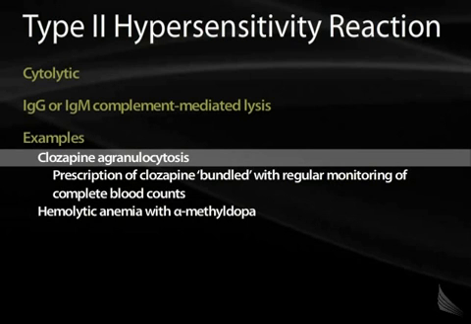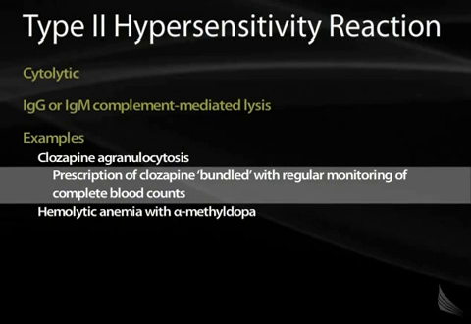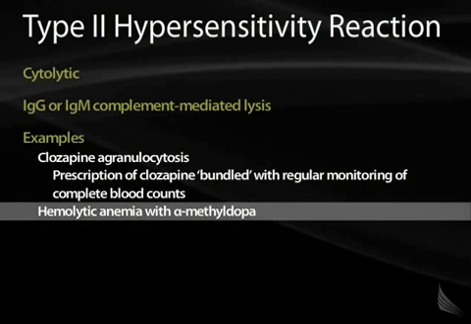This medication causes our body to attack itself, specifically in the bone marrow. This is why patients taking clozapine should have complete blood counts weekly. Another example is hemolytic anemia with the blood pressure medication alpha-methyldopa.